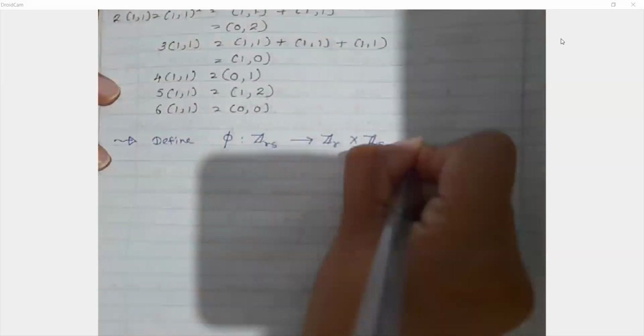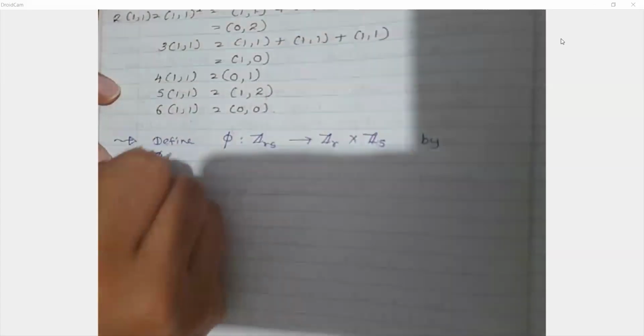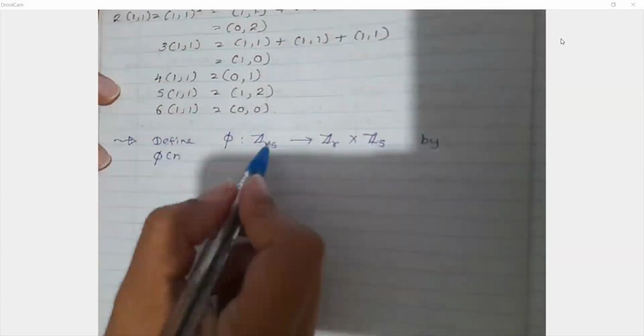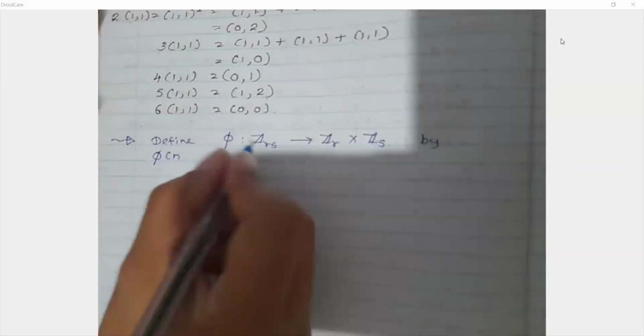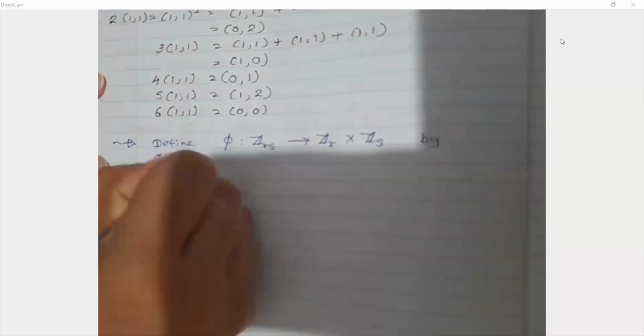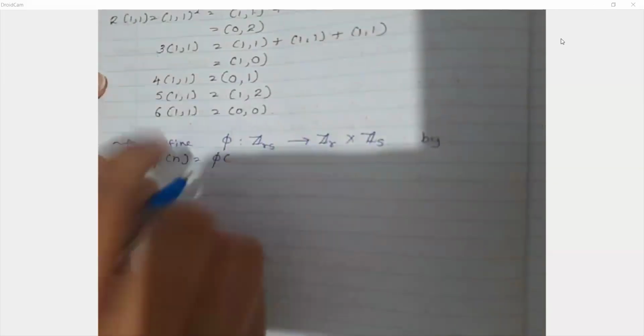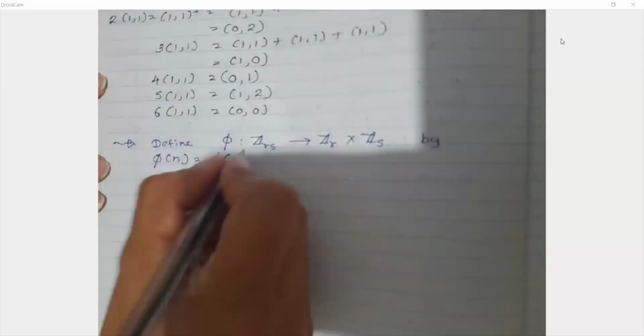by phi of n. You take any n over here. Now n will be any integer from 0 to RS minus 1, right? And any integer that you take from this, we can write as n times 1, right?